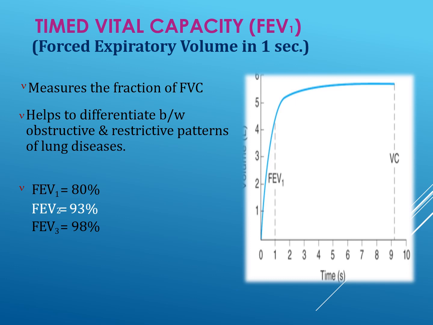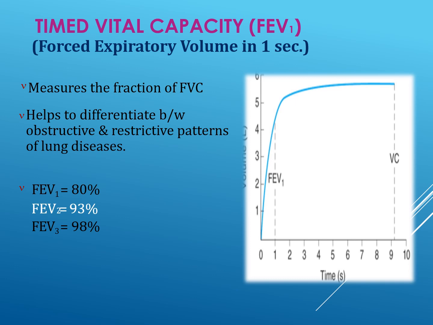FEV1 percentage means the percentage of FVC expired in 1 second. How to calculate: FEV1 percentage is equal to FEV1 by FVC into 100. If we do that, we will get 80%. So normally it is 80%. FEV2 represents the volume of air expired in the first 2 seconds of FVC.